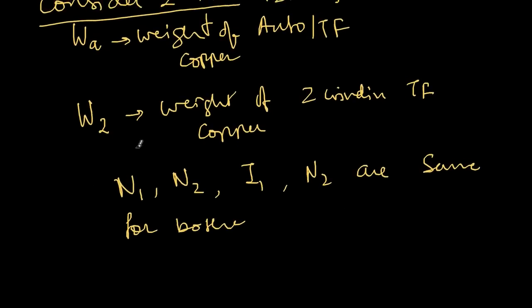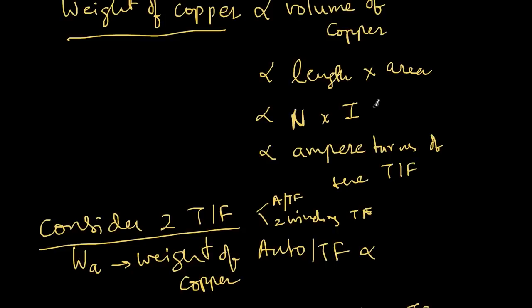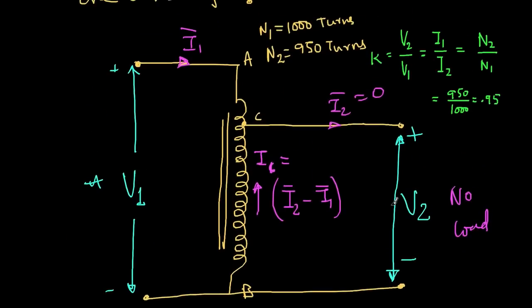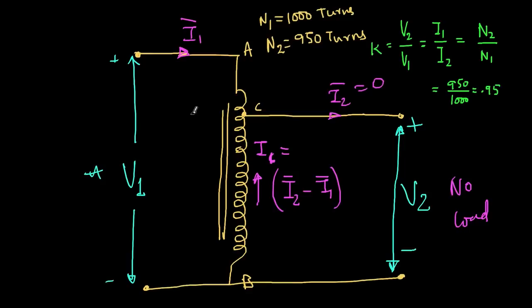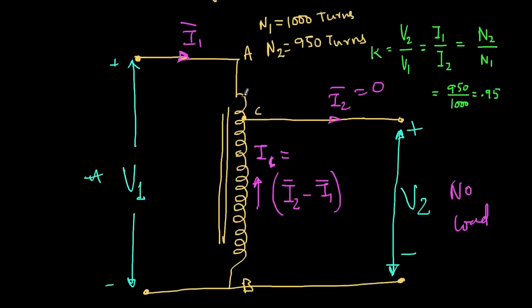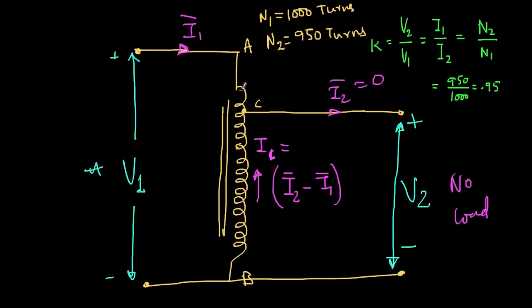So WA is proportional to ampere turns. So what are the ampere turns? Now look at this diagram. Current I1 is flowing in the A to C part of the transformer. How many turns are there in A to C? That is nothing but N1 minus N2.